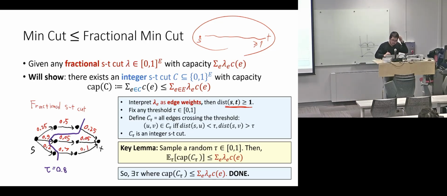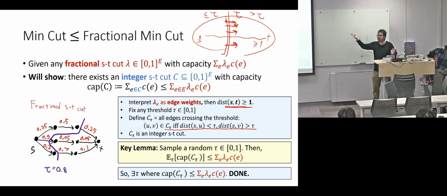But now, we find some threshold tau here. And for any edge where everyone here has distance less than tau and everyone here has distance greater than tau, I just cut all the edges that cross this threshold.